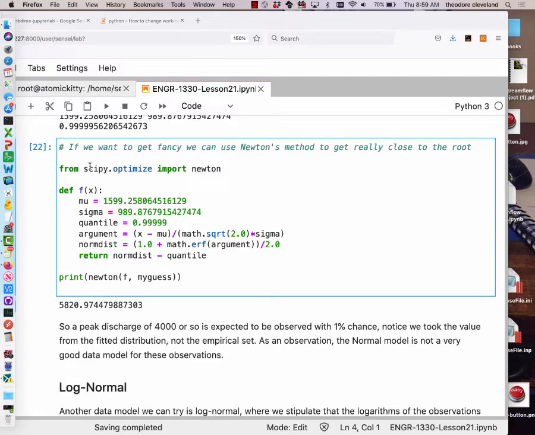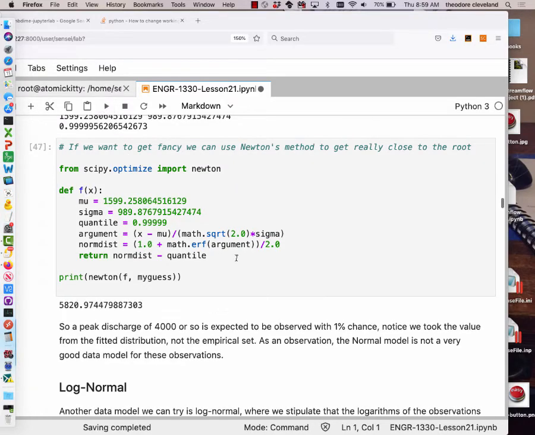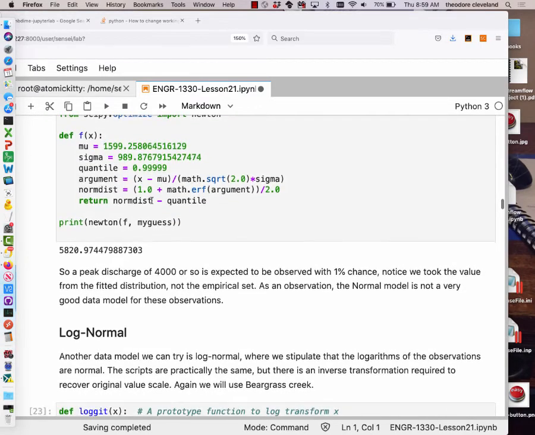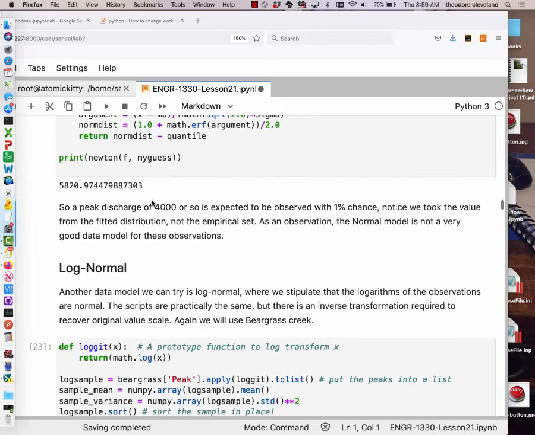And so we use SciPy optimize, we build our function, and we're looking for quantile 99.99, let her rip, and it turns out 5,820 units represents the 99.9th percentile, or 0.01 probability of being bigger than that.